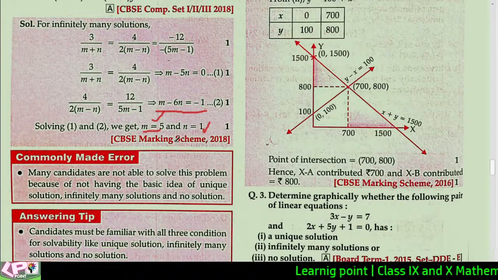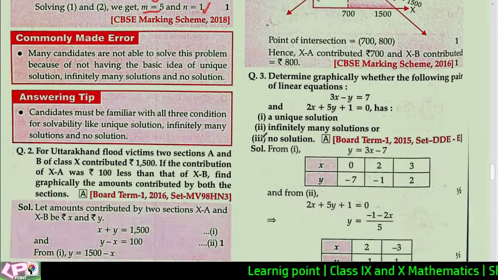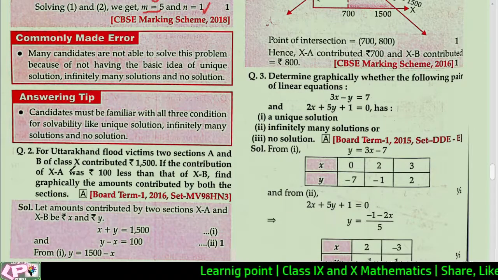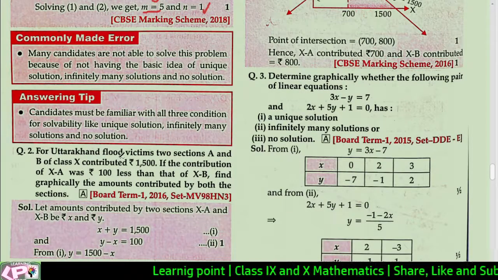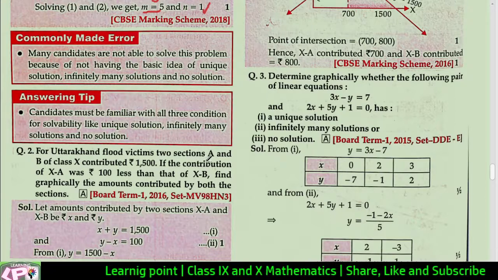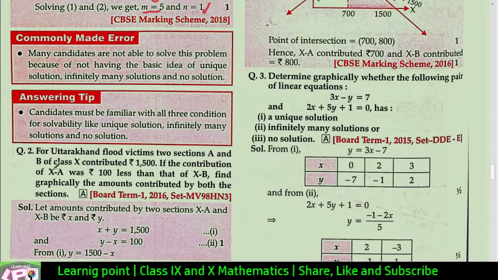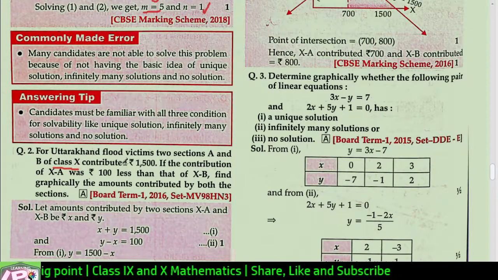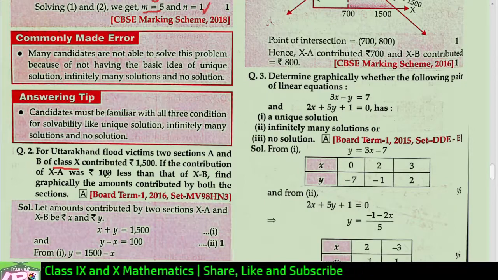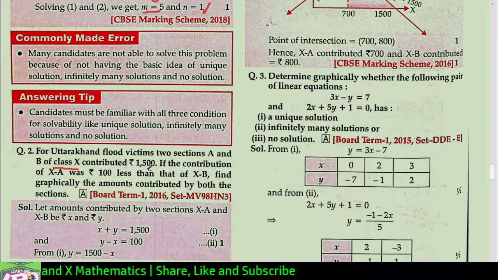Now the next thing is I will move to question number 2. Look at question number 2. For Uttarakhand flood victims, two sections A and B of class 10 are each going to contribute.